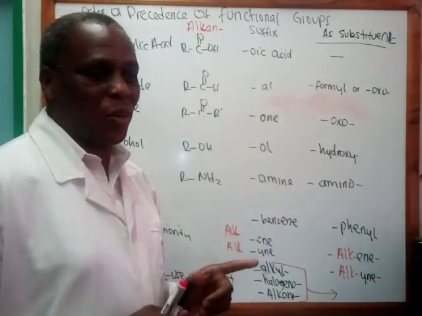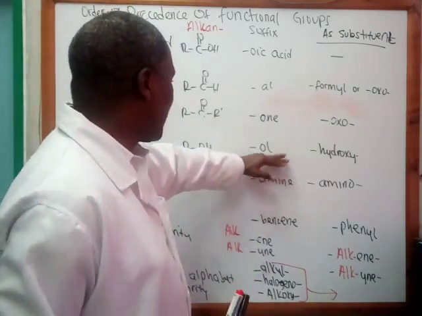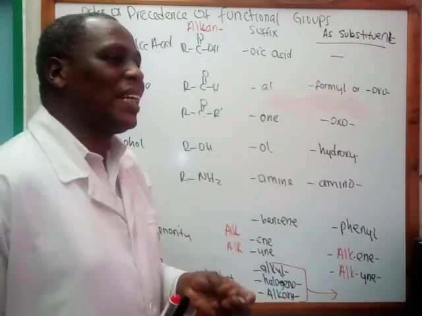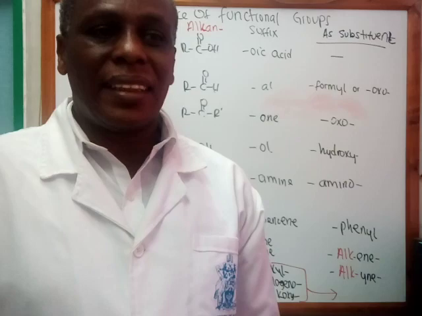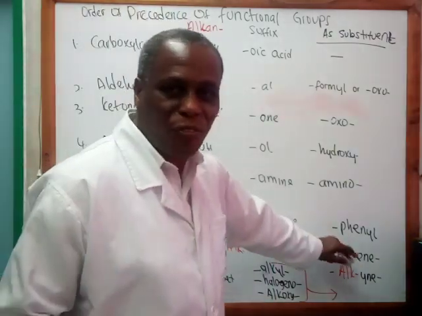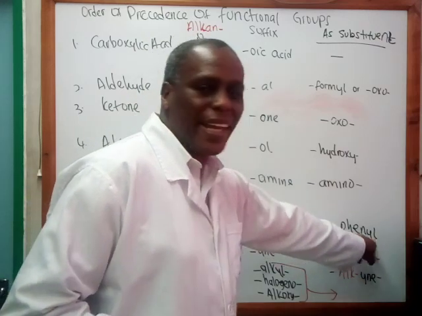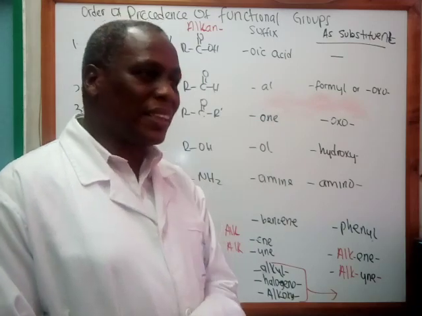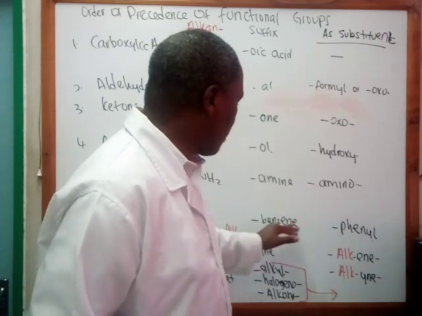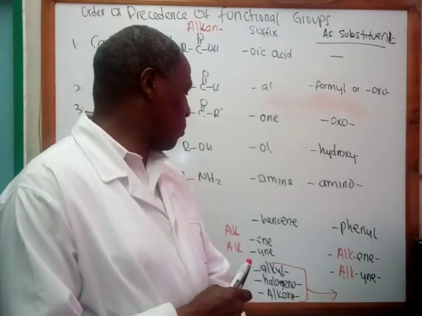When you've got an amine, alcohol, ketone, aldehyde, or carboxylic acid containing a benzene, then the benzene will be taken as a substituent, and the benzene will be referred to as a phenyl. P-H-E-N-Y-L, phenyl. When the benzene is a substituent, the name changes from benzene to a phenyl group.